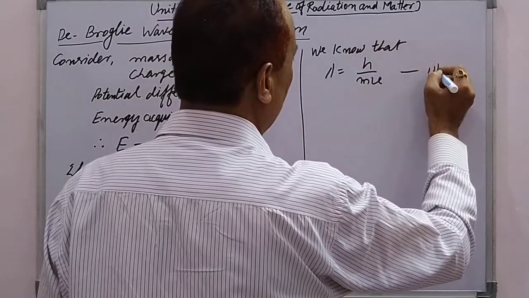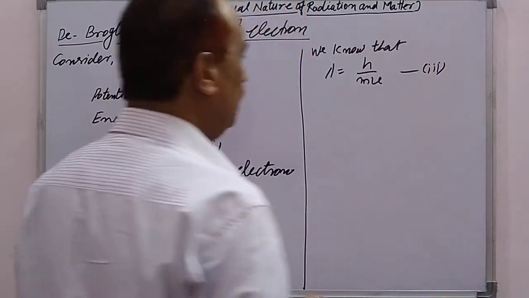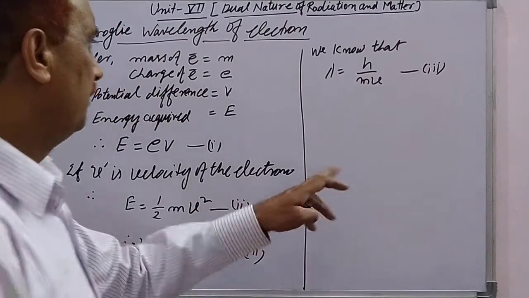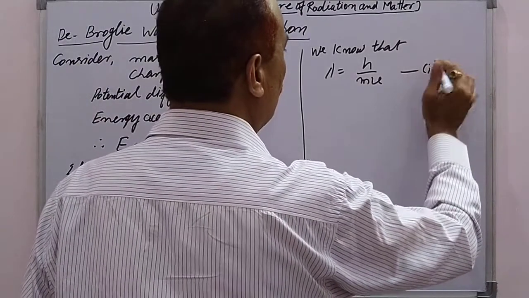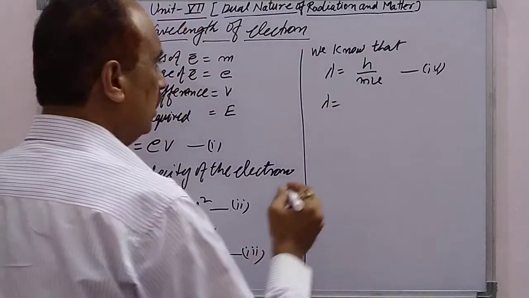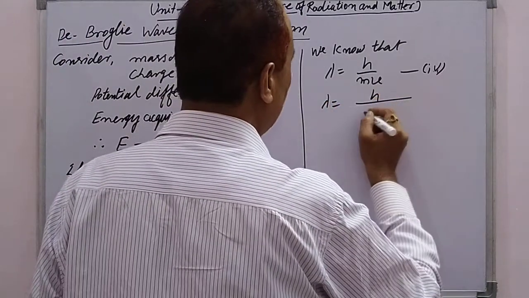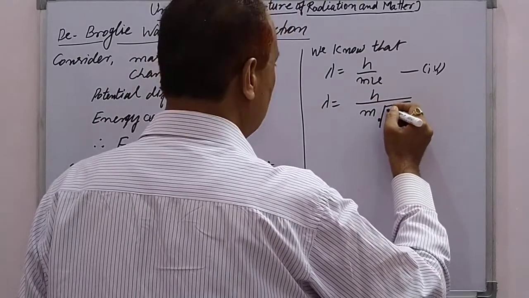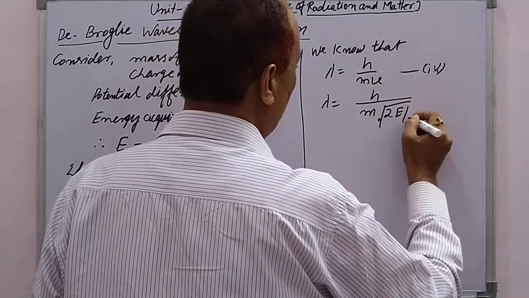That is equation number 4, according to the de Broglie relation. Now put the value of v from equation number 3 in equation number 4. Therefore the wavelength of the electron is h upon m into the square root of 2E upon m.